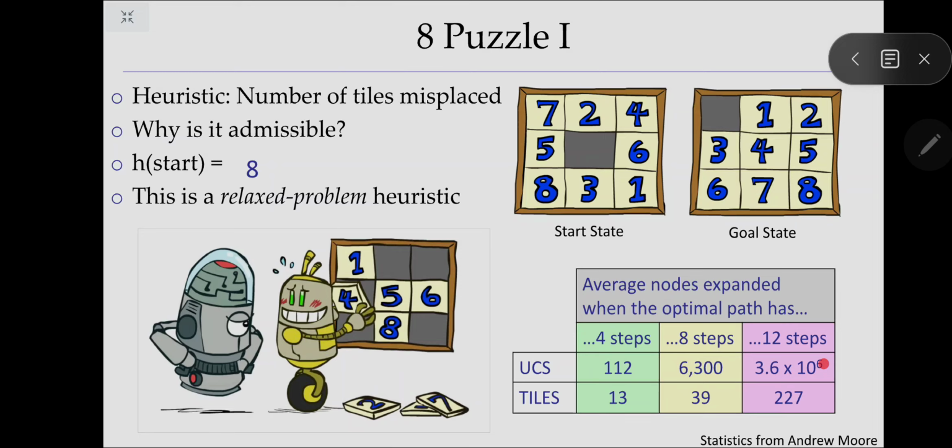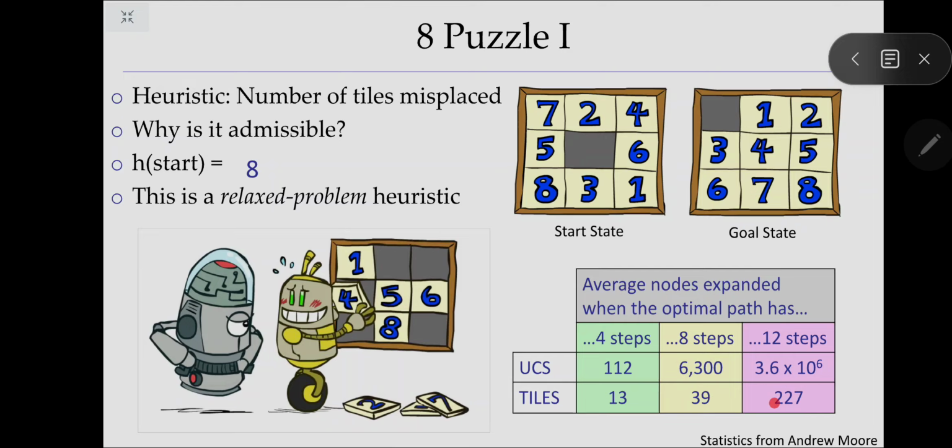But if you use the heuristic algorithm, A star with this simple heuristic, for the first step, you consider just 13 expanded nodes. And for 8 steps, 39 expanded nodes should be considered.